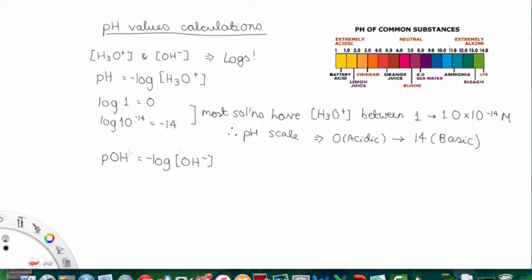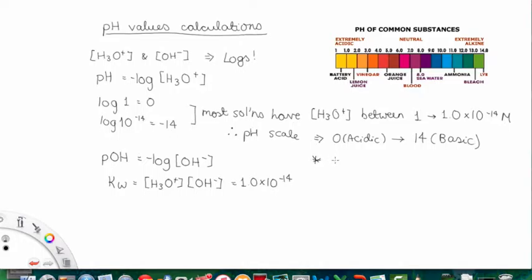So the exact same equation as the hydronium ion that was for pH. And so since the ionization constant for water, Kw, is the concentration of H3O plus and OH minus, as we saw before, and this was 1 times 10 to the power of negative 14, we can calculate this different equation.